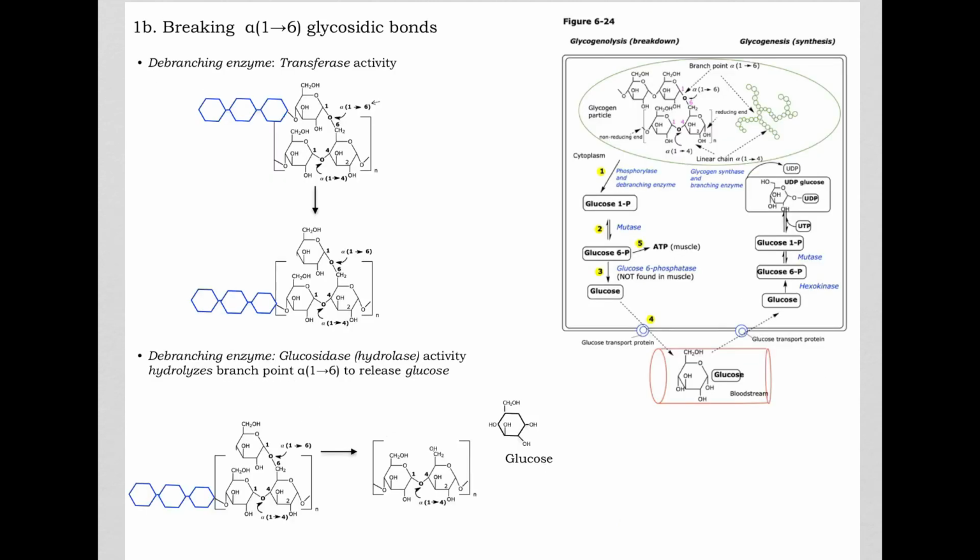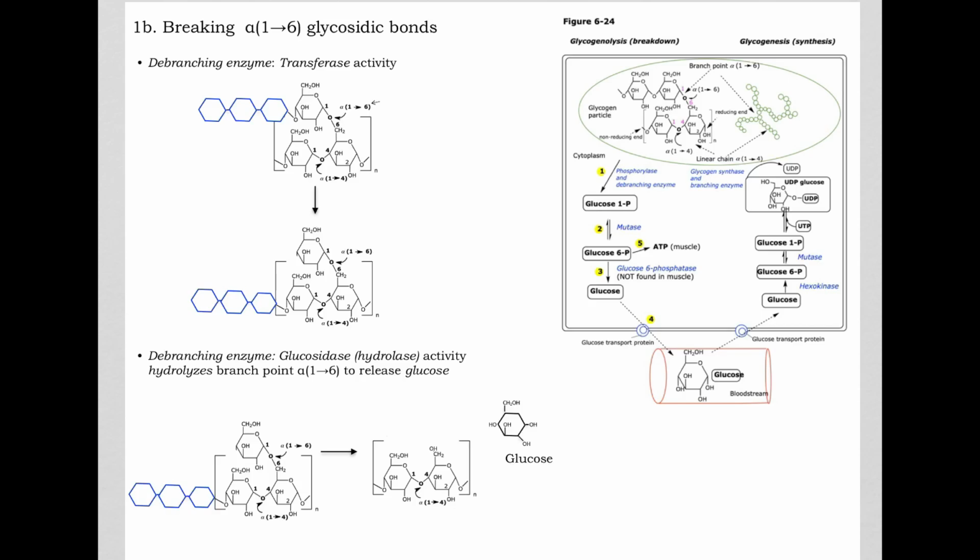There's another enzyme that is required, called the debranching enzyme, and this enzyme breaks down the alpha-1,6 glycosidic bond. How does this happen? This debranching enzyme has two types of catalytic activities. One is a transferase activity, and the other is a hydrolase activity.